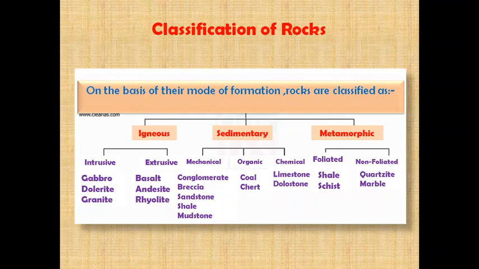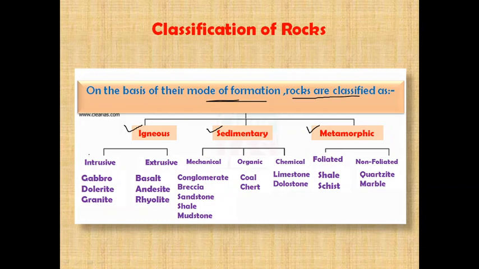On the basis of their mode of formation, rocks are classified like igneous rock, sedimentary rock and metamorphic rock. Now these three types of rock are further subdivided into the following.